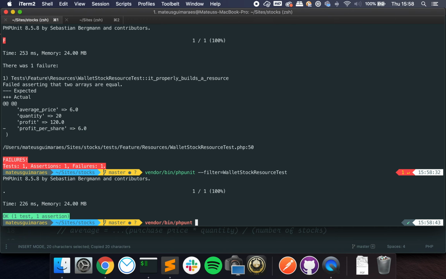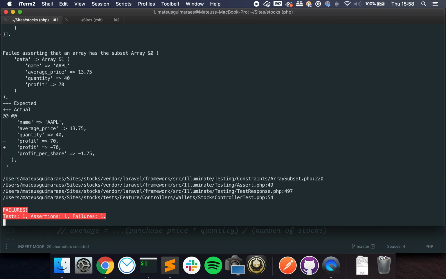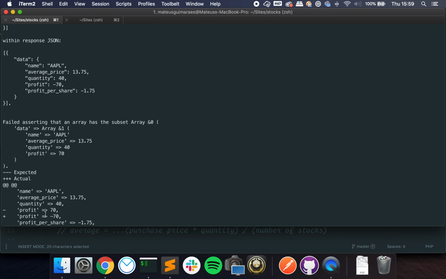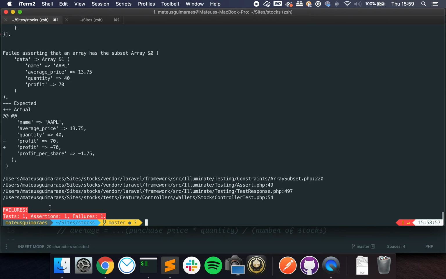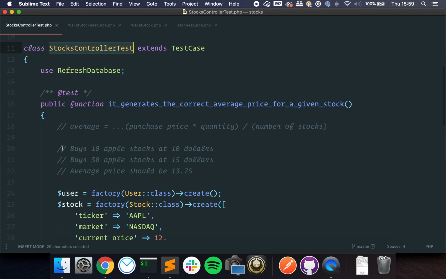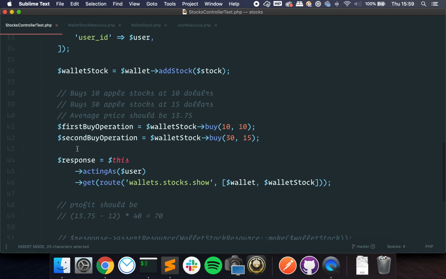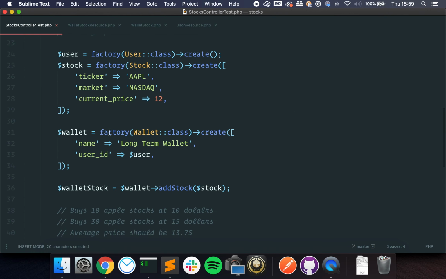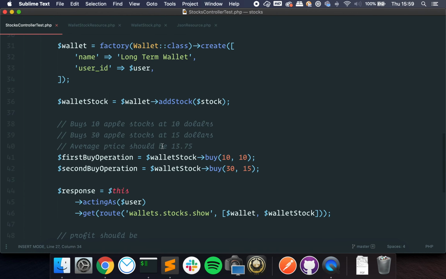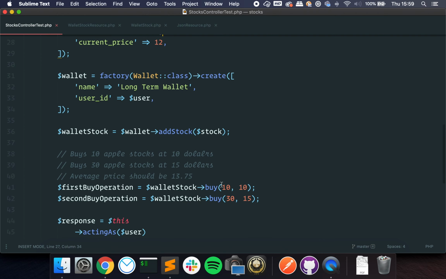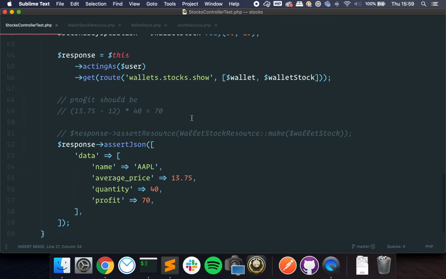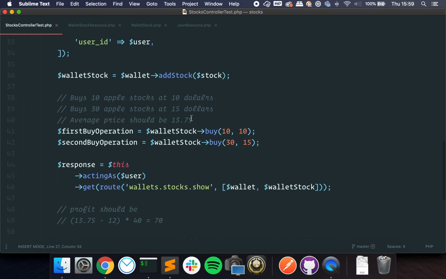So vendor bin PHPUnit filter. The array is wrong. What? Profit, the actual is minus 70. Is that correct? Okay, we have an issue here. The current price is 12. Then the average price is, what is wrong here?